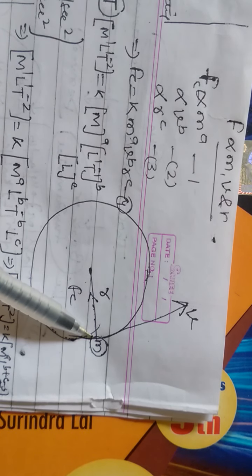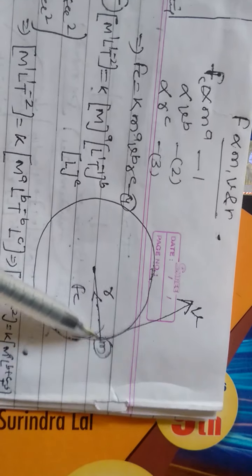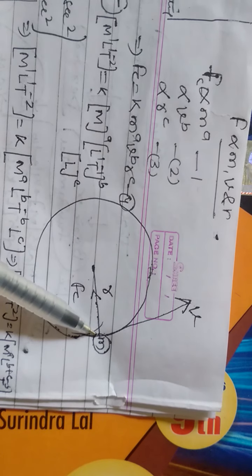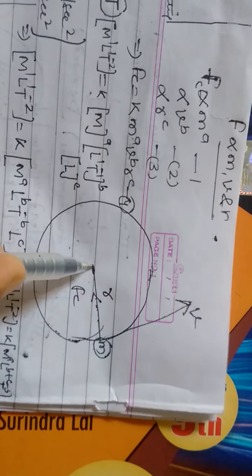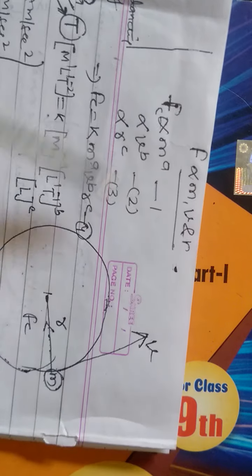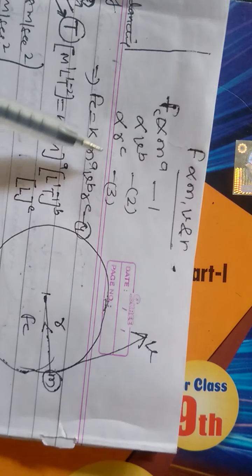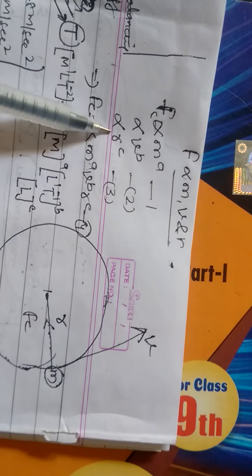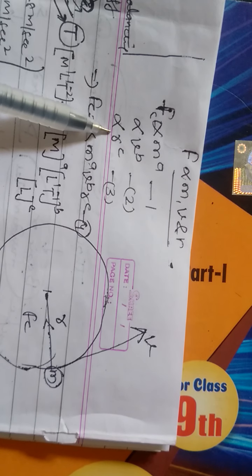We have to derive a formula for the centripetal force exerted by this object towards the center of the circular motion. Now this centripetal force depends upon the mass of the object, the velocity of the object, and the radius of the circle in which it is moving.